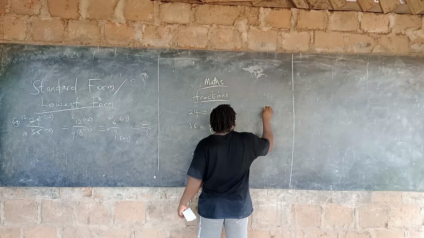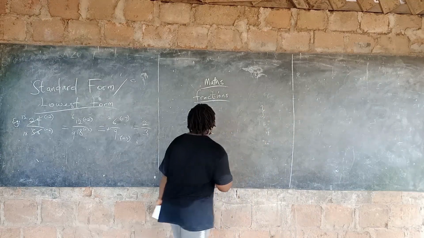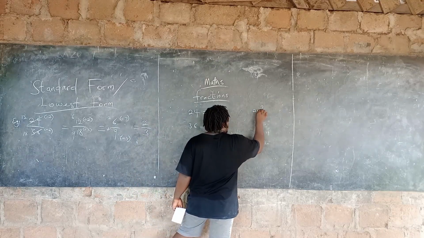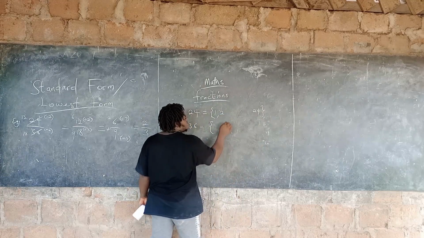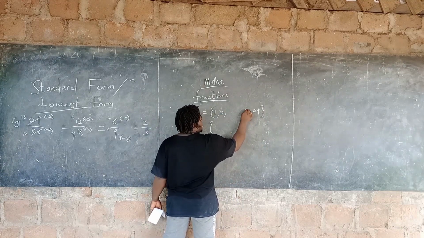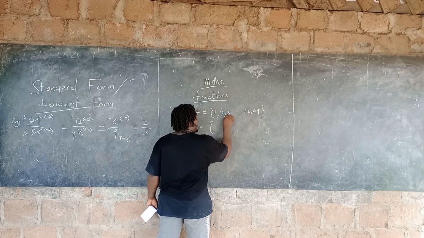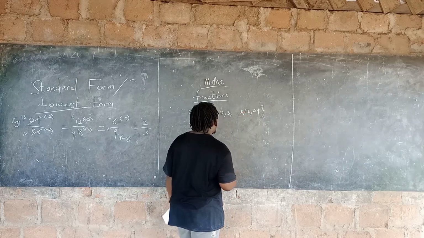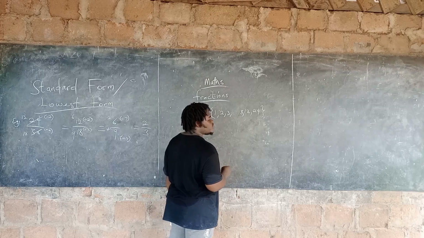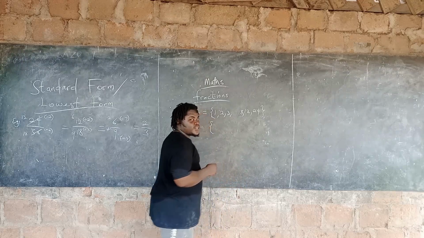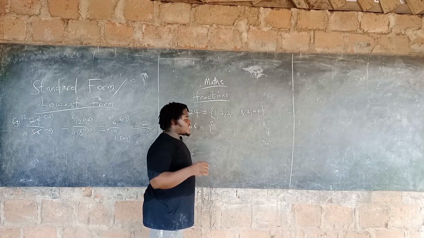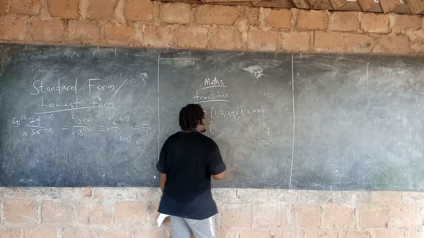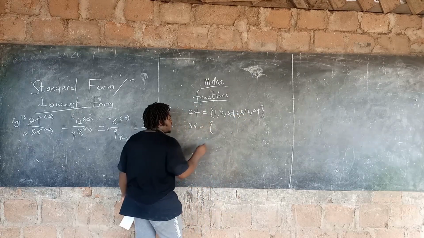So now, 1 times 24, so 1, 24. 2 times what will give you 24? 2 times 12. 3 times what will give you 24? 3 times 8. 4 times what is equal to 24? 4 times 6 is equal to 24. So 4 and 6. Now, let's come to 36.